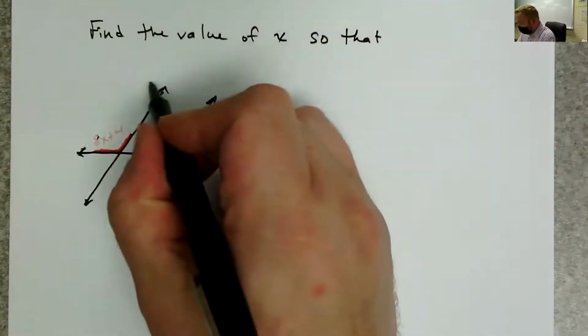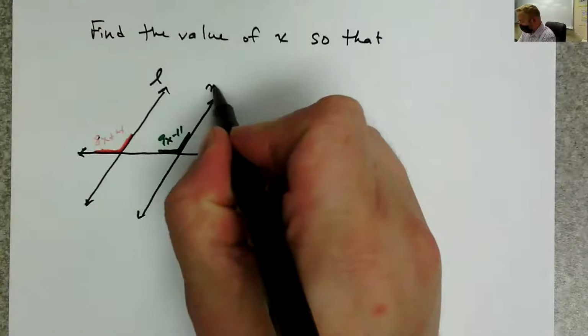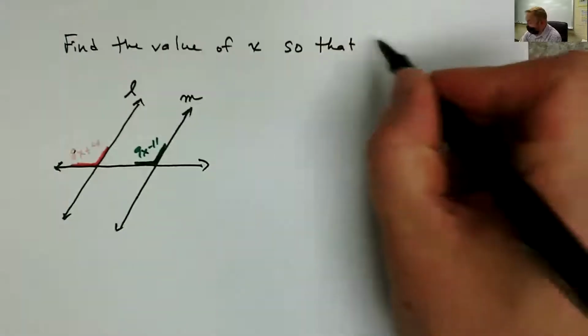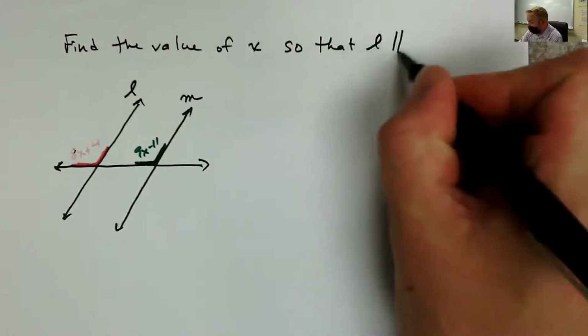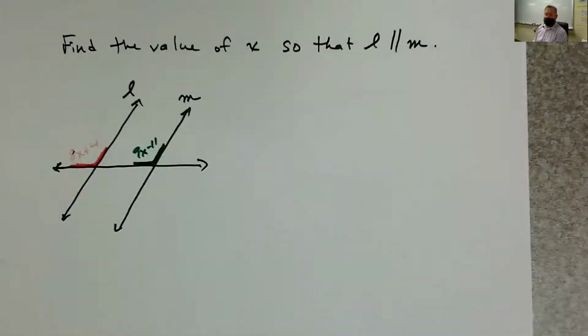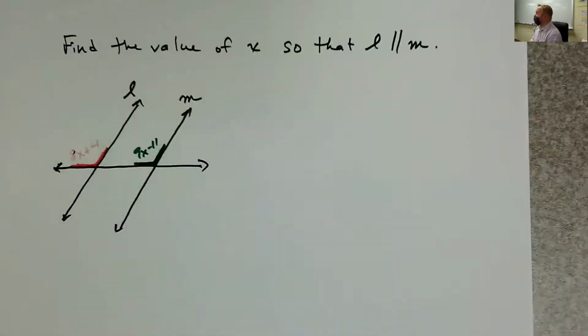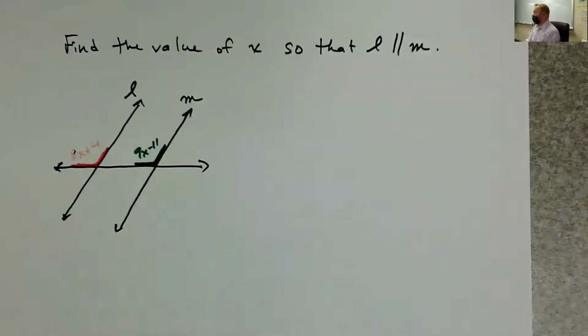Let's name them Leonard and Maurice. I don't know why we always use L and M for lines. So that L is parallel to M. We want to find the value of x that would cause these two lines to be parallel. We don't know if they're parallel yet. We just want to know what value of x would make the lines parallel.